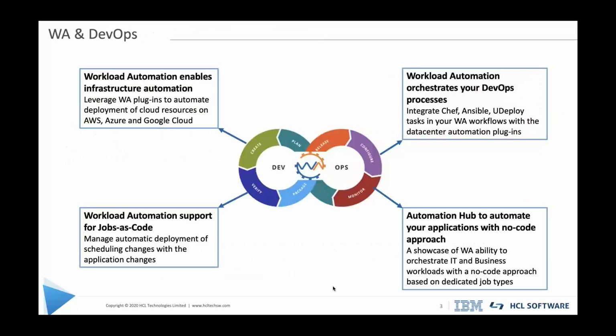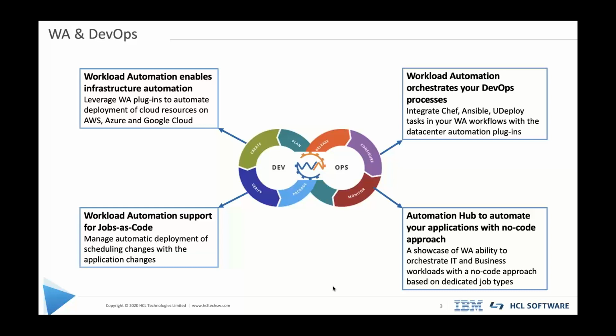In this first slide, I want to talk about a very general approach, and then we will dive into the jobs as code part. So in general, there are many different ways in which DevOps can help you. Workload automation can help you with DevOps. First of all, you can use our cloud providers plugin to automate the deployment of the cloud resources.